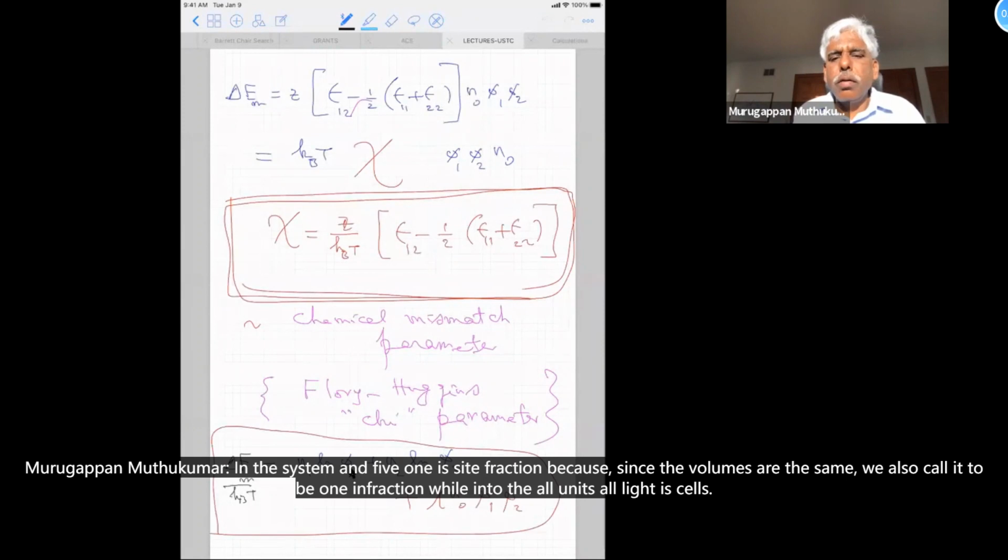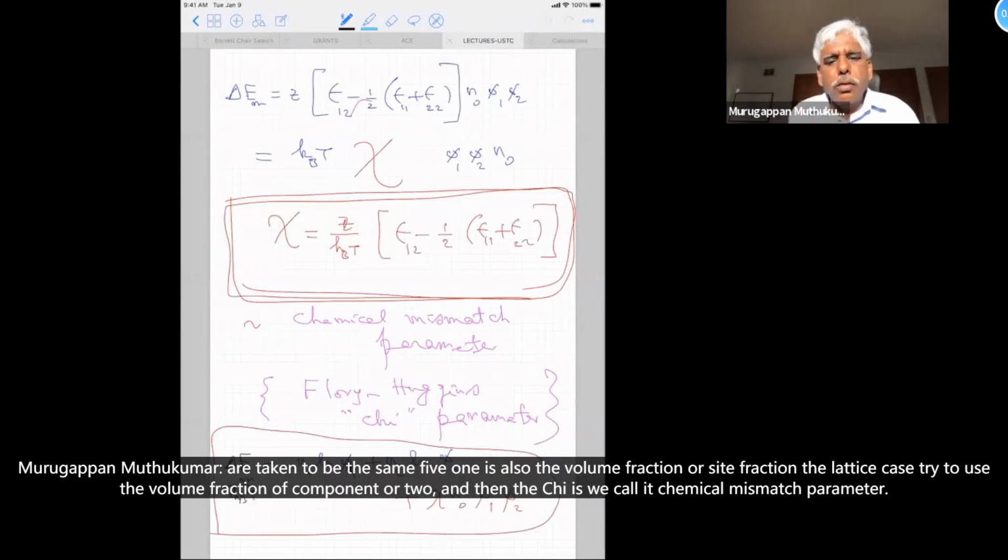Phi 1 is the site fraction, and since the volumes of all lattice cells are the same, we also call it the volume fraction. Phi 2 is the volume fraction of component 2.